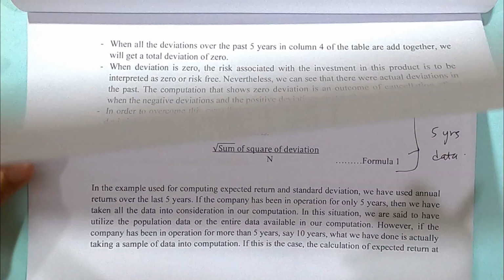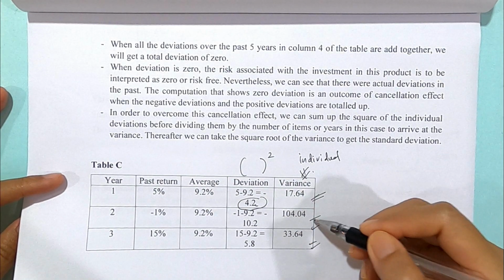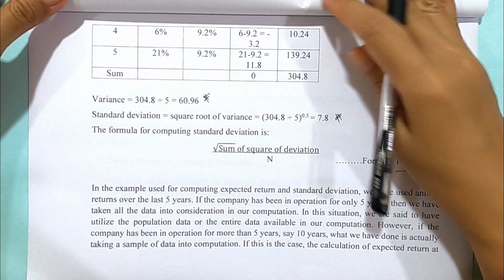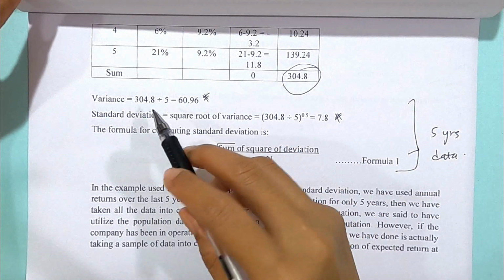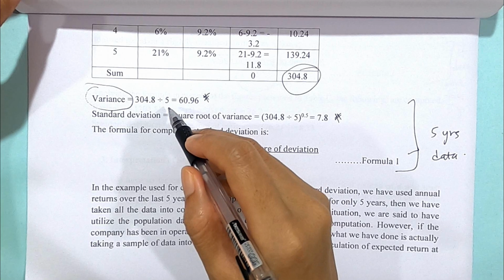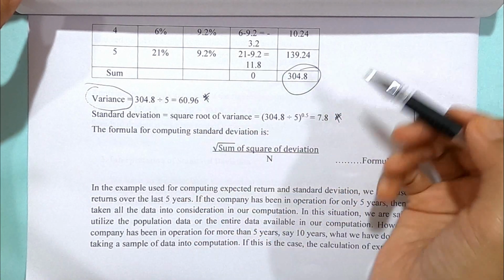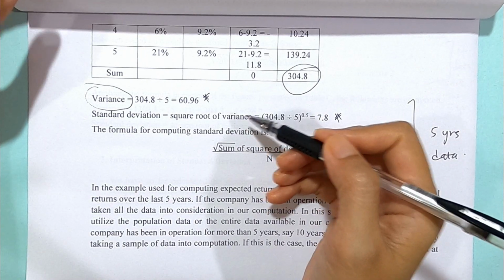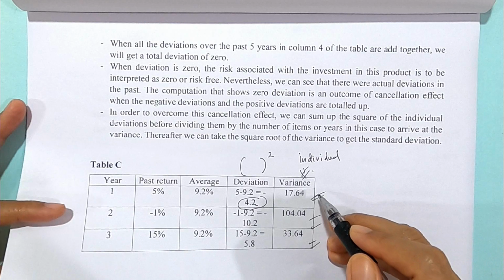All right, so if we total up all of this variance together, we can get the sum of 304.8, and we have to divide it by 5 when we want to get the variance for this investment. Okay, so make sure that you are not confused.